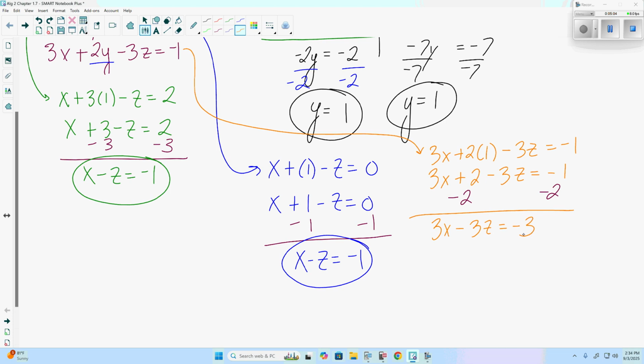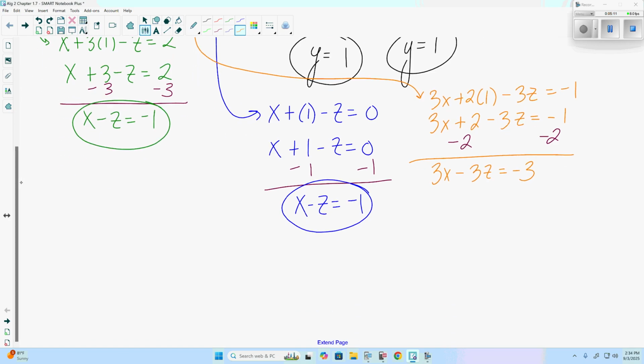Is that the same equation as the other two? Now this one's, everything's been multiplied by what? 3, yes? So if I divide everything by 3, it'll tell me that x minus z is equal to -1. Those are all the same equation, yes?